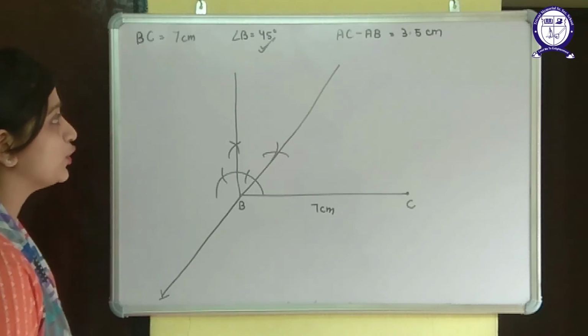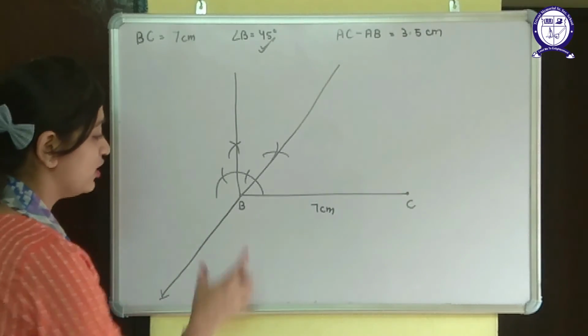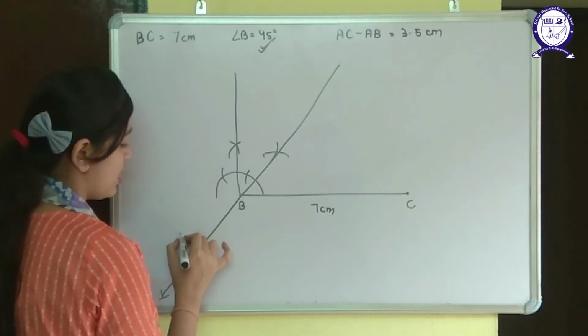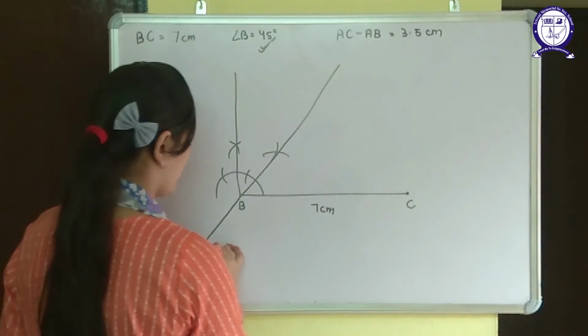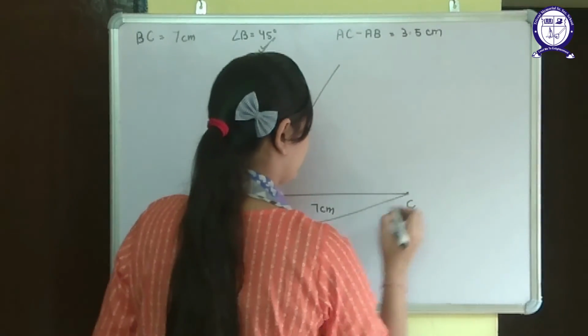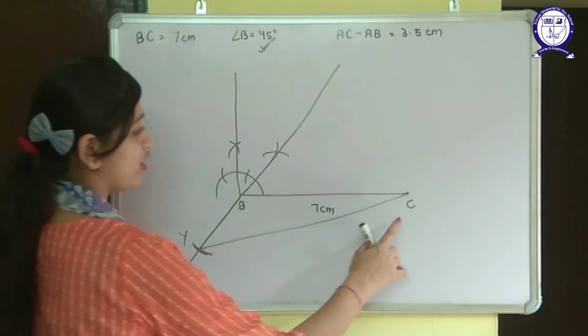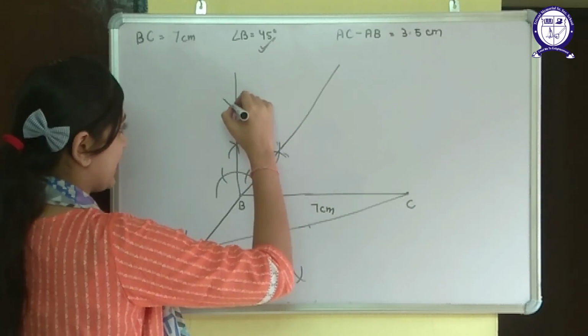Then I will make an arc of 3.5 centimeter here. Suppose this is my 3.5 centimeter and this is my Y. Next, join YC. Then again make the perpendicular bisector of YC. It will be like this.